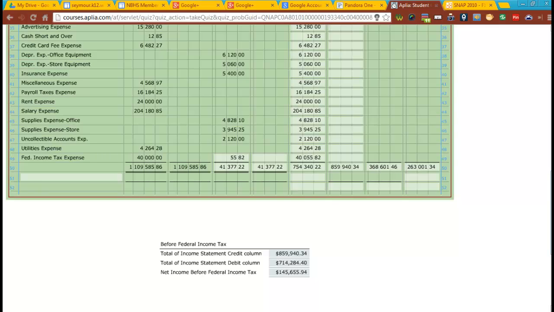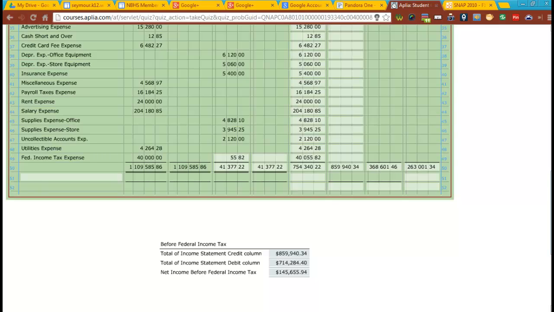So what we need to do now is calculate our net income by subtracting our income statement columns. So you subtract these two numbers, and it is going to be a net income. How do I know it's going to be a net income? Because the income statement credit column, our sales, is larger than the debit column, our expenses and costs.